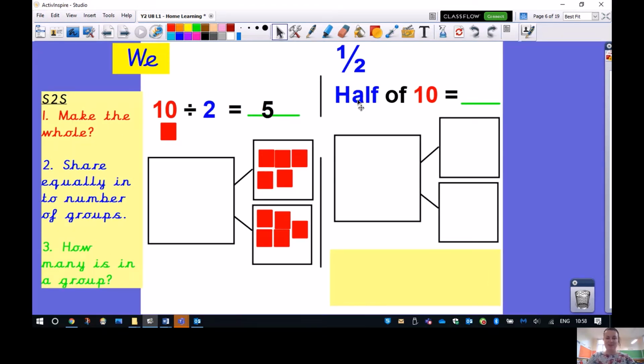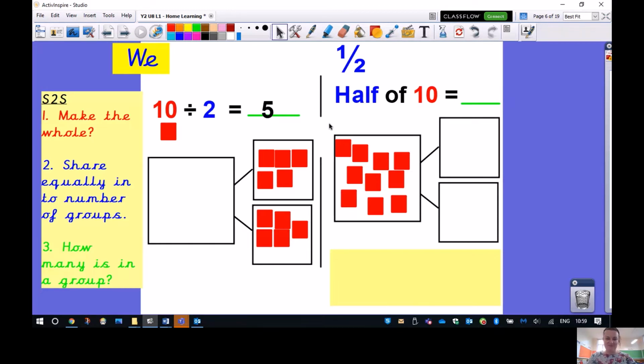Let's find half of 10. Step 1, make the whole. This time, the whole is 10. 1, 2, 3, 4, 5, 6, 7, 8, 9, 10. And I'm finding half. When I find half, I know I have to divide into groups of 2.